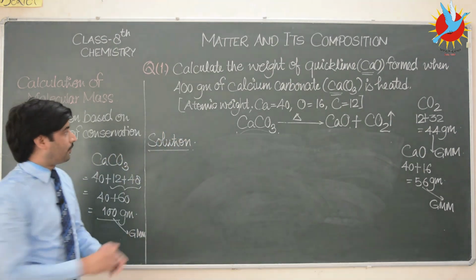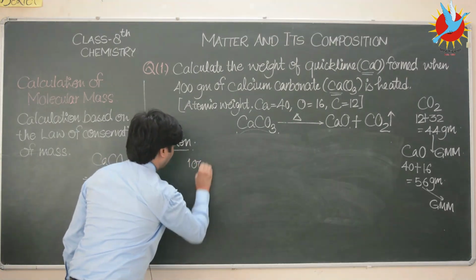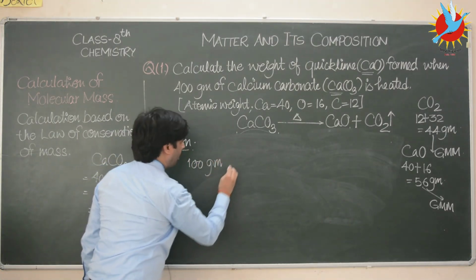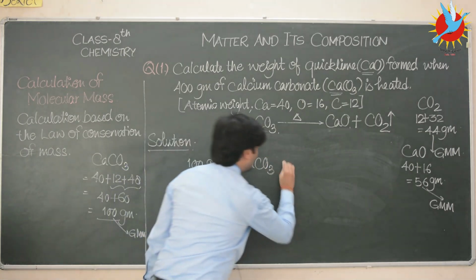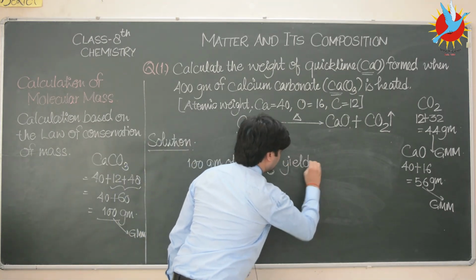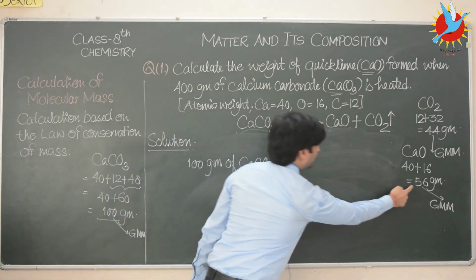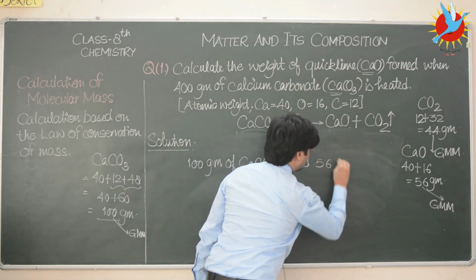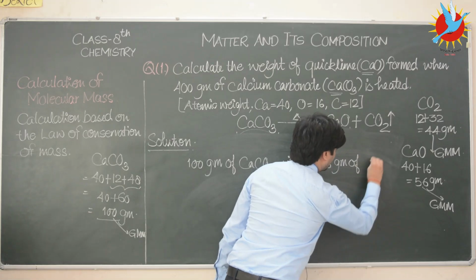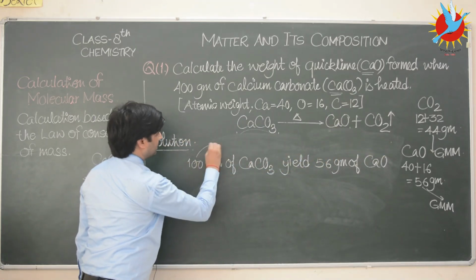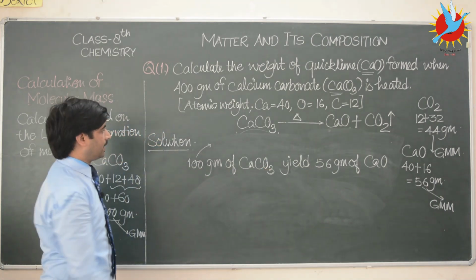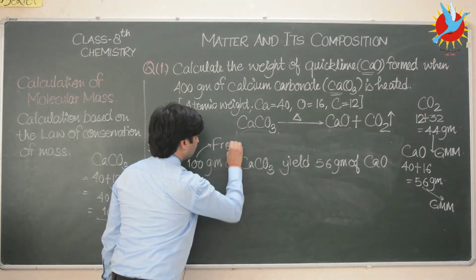100 gram of calcium carbonate yield 56 gram of calcium oxide. This information we are getting from the balanced equation.